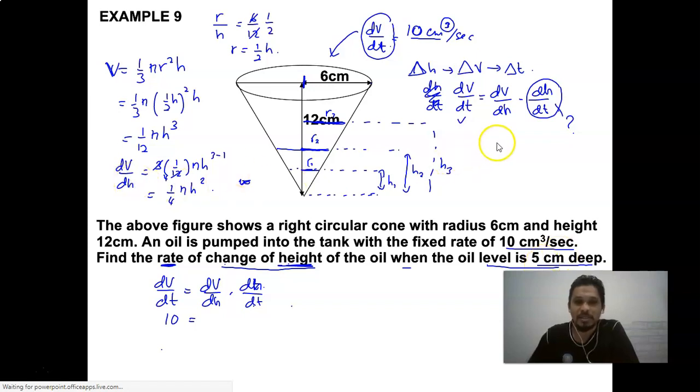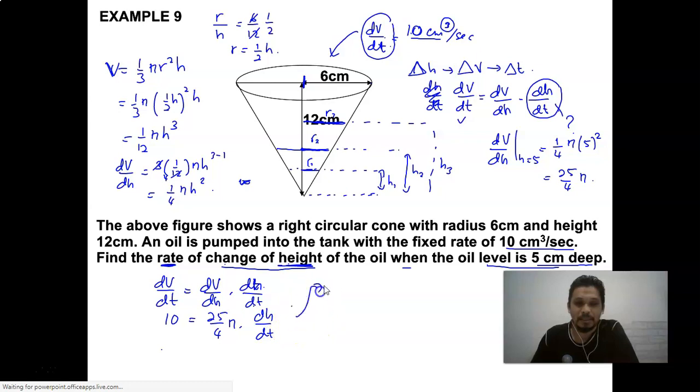So we come up with dV/dH when H equals 5: 1 over 4 pi times 5 squared, which is 25 over 4 pi. Again, dV/dt equals 10, dV/dH equals 25 over 4 pi, and dH/dt is unknown.